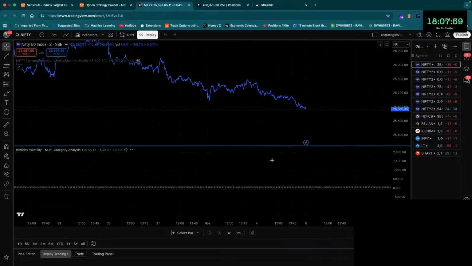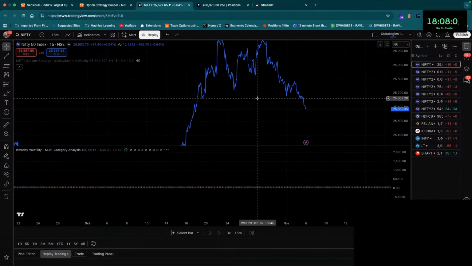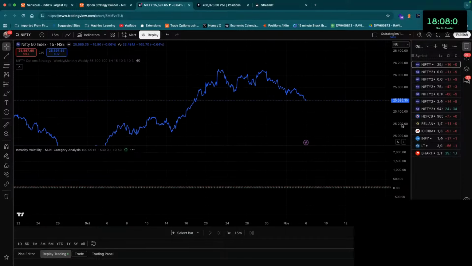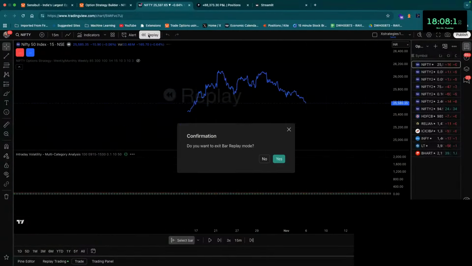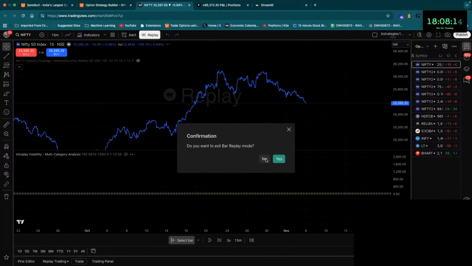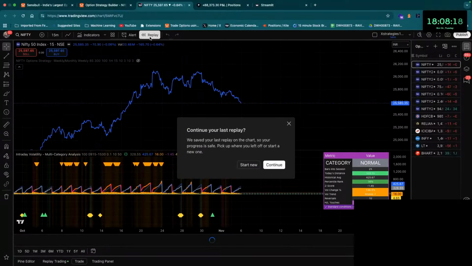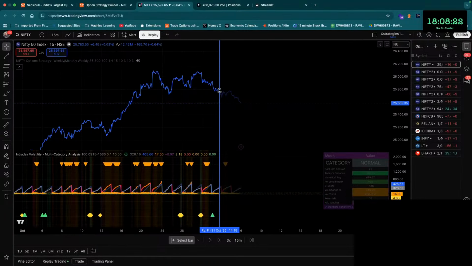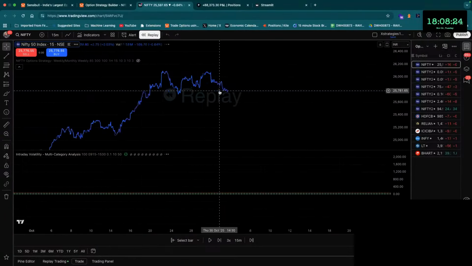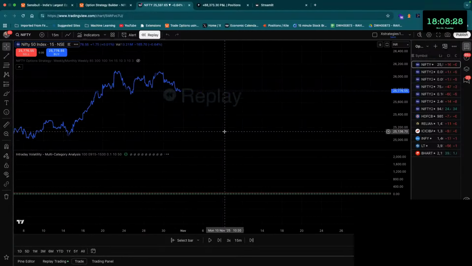Now you saw many changes. Let me go to a higher time frame and see how this particular thing would shape up. Let's go back to start new, and again I'm going from Friday. Higher time frames generally do not show too much volatility.